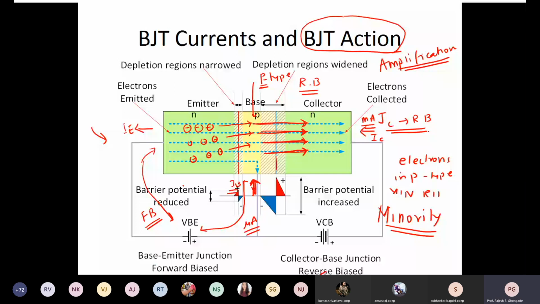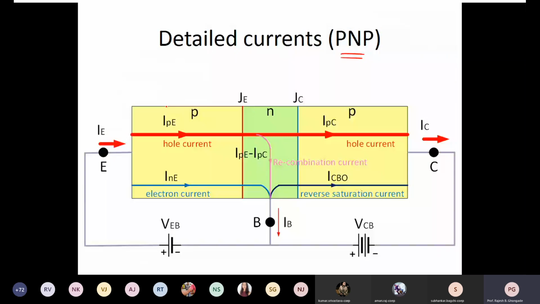So it is better to explain with active mode. Then we'll shift on to cutoff and saturation. So if I want to put this PNP in active region, what is it that I have to do? I have to forward bias the emitter junction and reverse bias the collector junction.